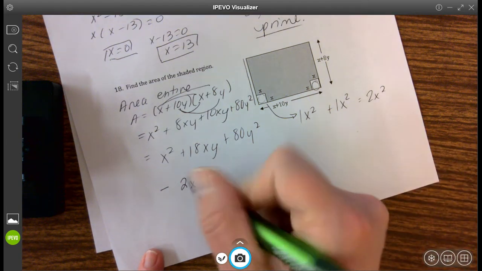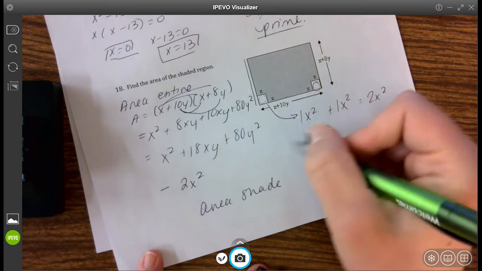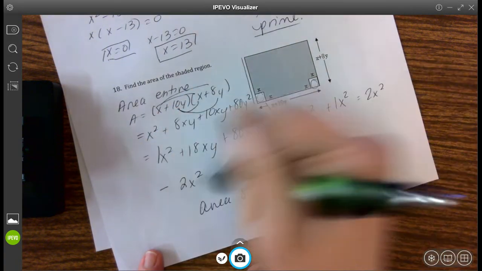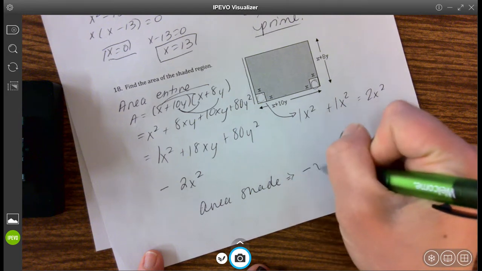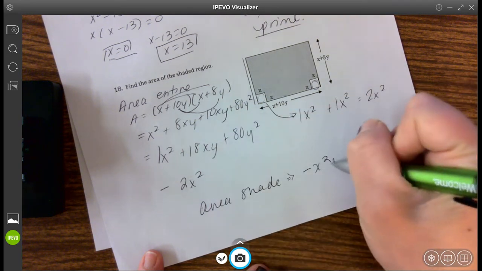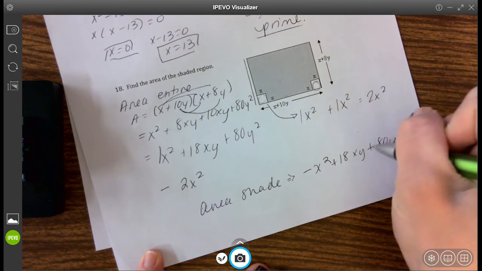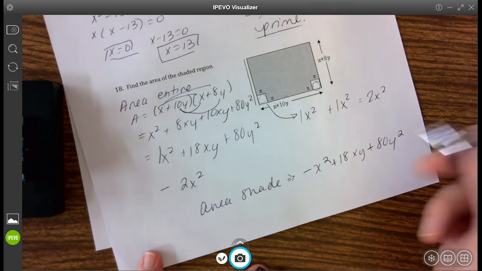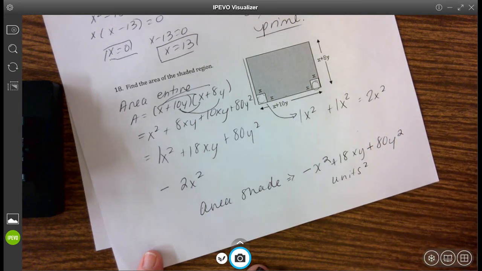So the area of the shade is 1x squared minus 2x squared, which leaves you with a negative x squared plus 18xy plus 80y squared. Units squared. Okay.